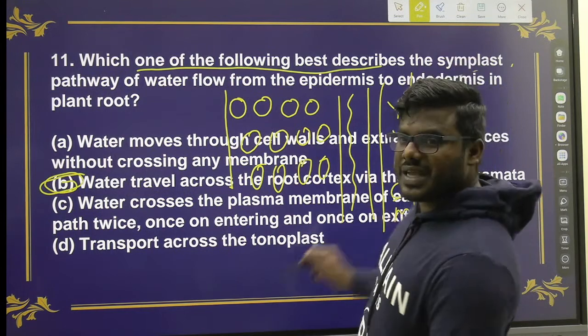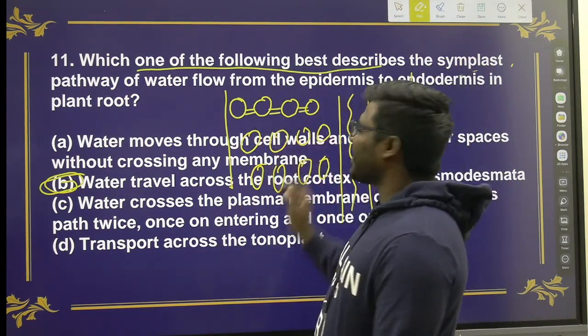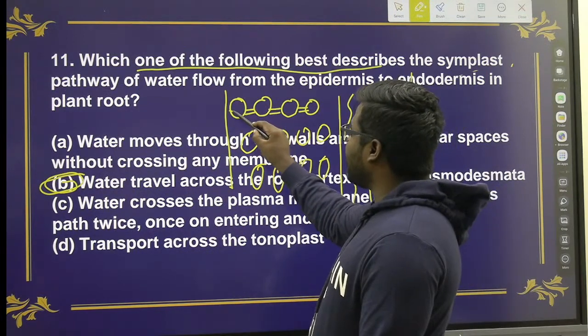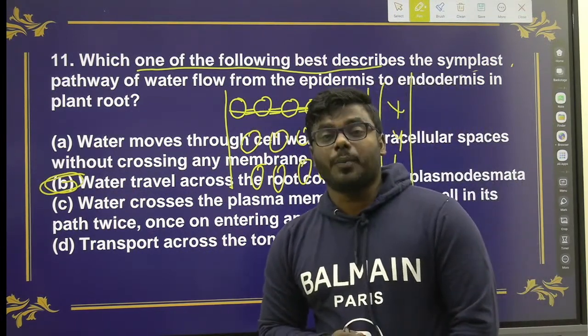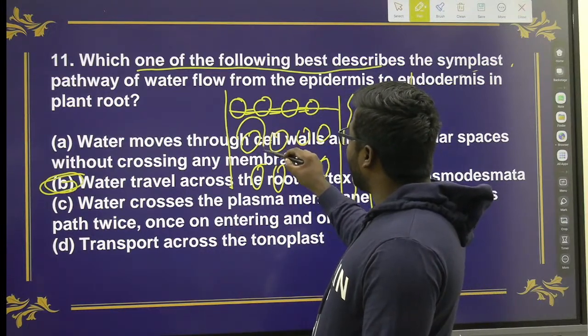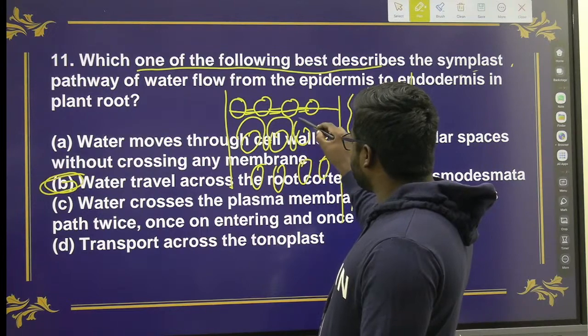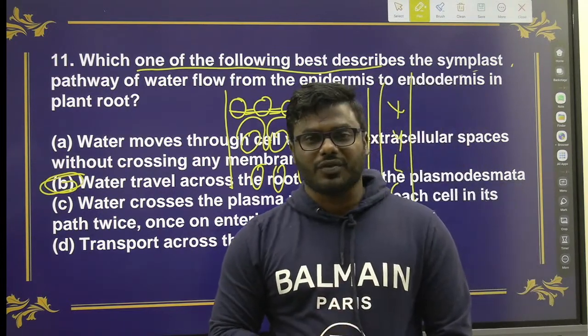By using the symplastic pathway. See here, plasmodesmata is present. So through the plasmodesmata, water molecules enter. But if it is apoplastic, I have told you very clearly in the classroom, it is through the cell wall and intercellular space. That is the apoplastic pathway.